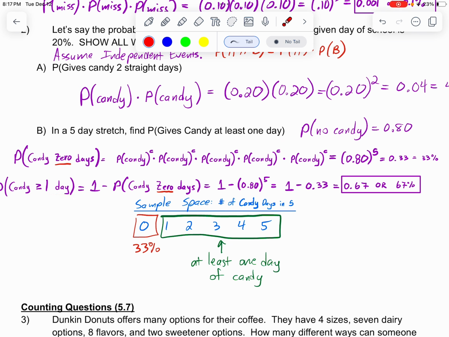So what I'm going to do is 1 minus the probability of candy never. So that would be 1 minus my 33%, which is 67%. So this green box is 67%. If you look at these, the red and the green are complements because one of them has to happen. So there you go.